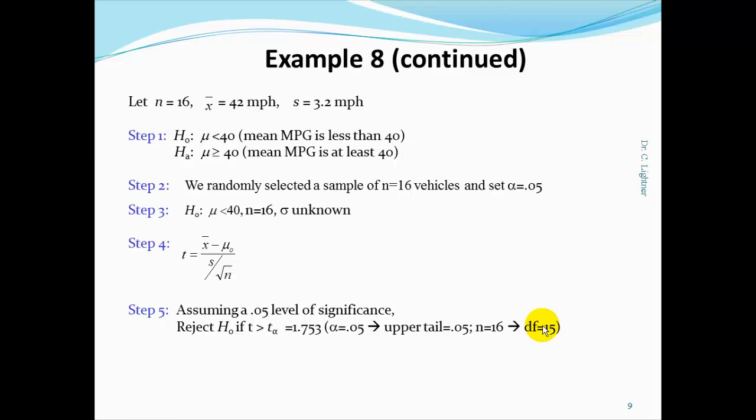If we go to the t-distribution chart and look up an upper tail area of 0.05 and 15 degrees of freedom, we will find a T alpha value of 1.753.